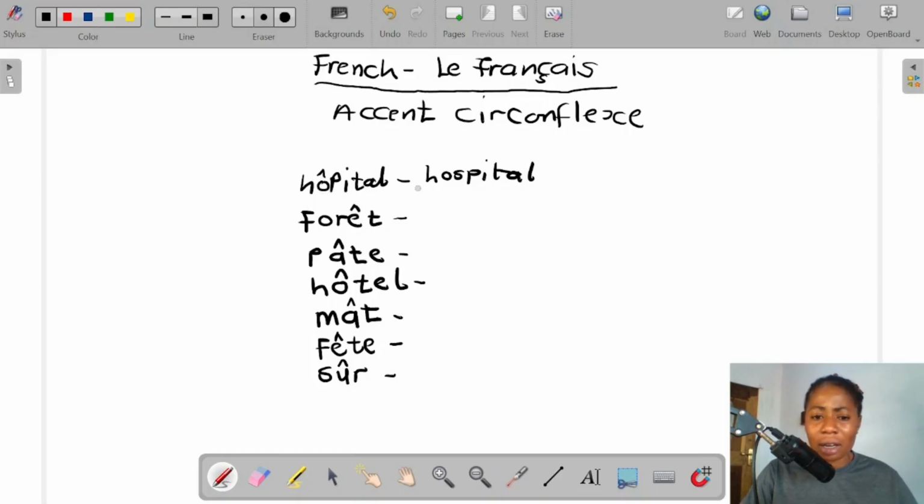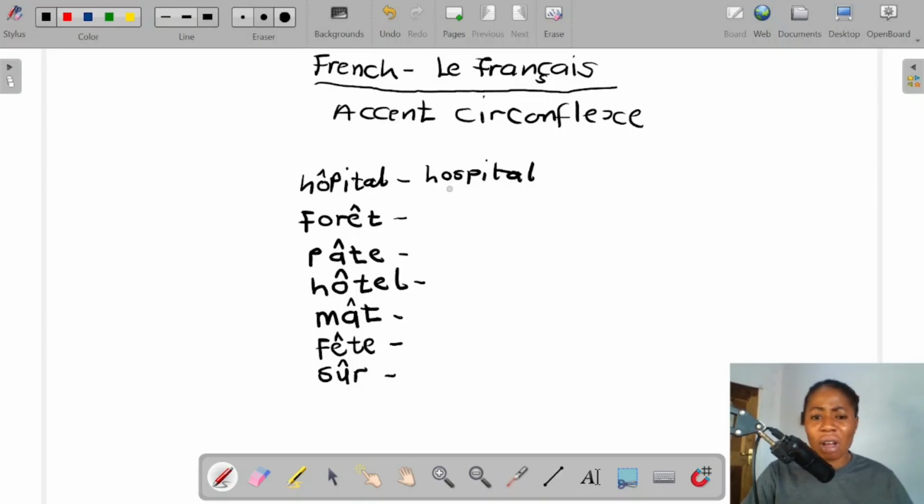Now, hôpital and hospital, what can you find in them? The difference in them, the S. The vowel sound that contains this accent circonflexe has come before the S. As you can see, in between the O and the P, there is an S in the English word hospital. Très bien. So that is the trick to accent circonflexe.